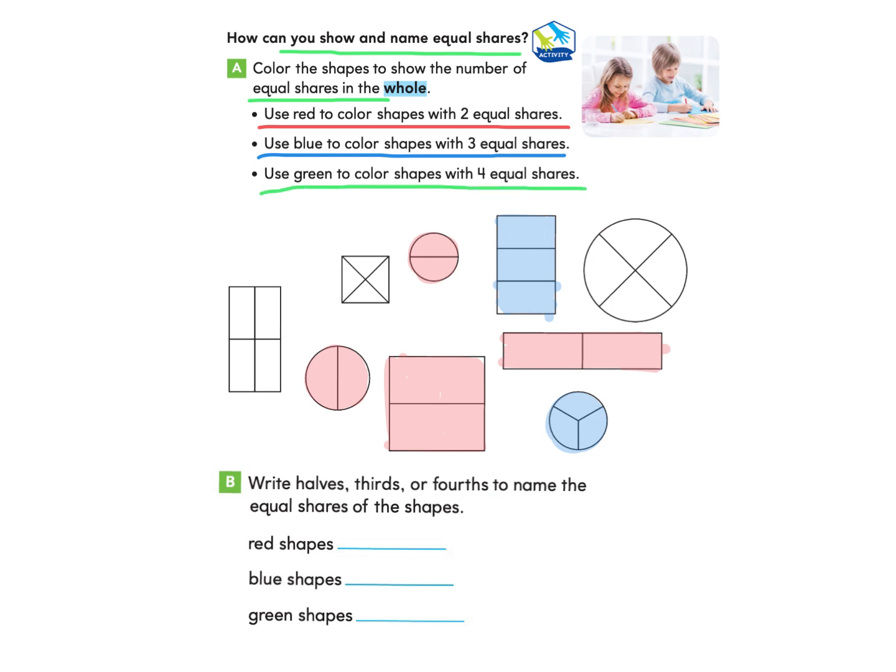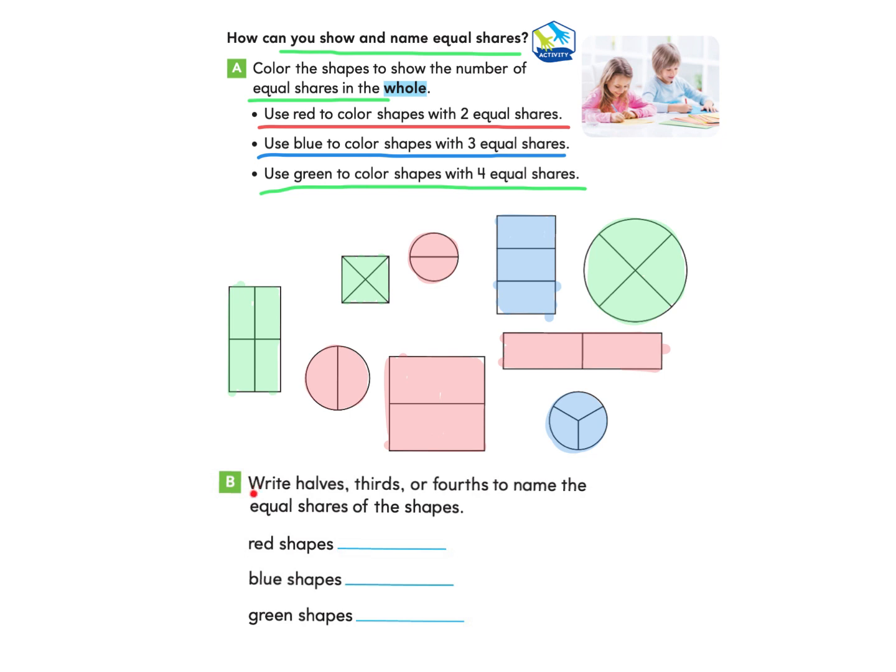If you'd like to pause and try this part on your own, you may do so. I see first that there is a circle with 4 equal shares. Then I see a square that has 4 equal shares and a rectangle that has 4 equal shares. I will color all of these green.